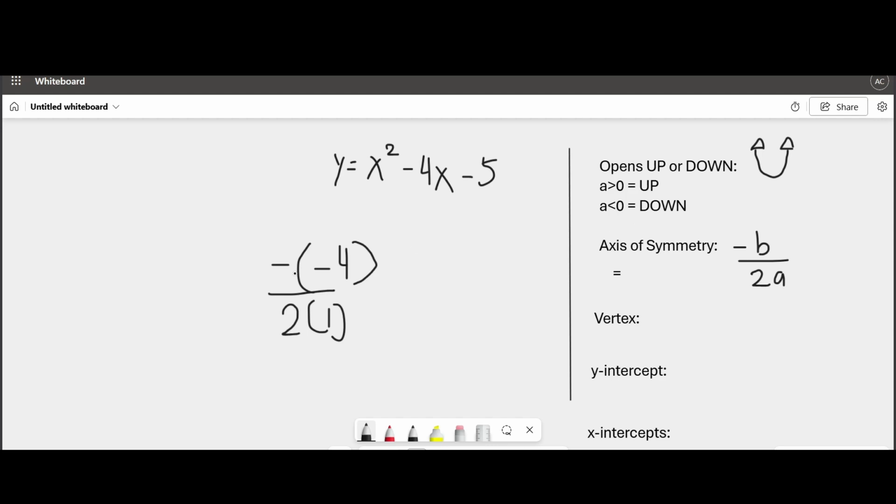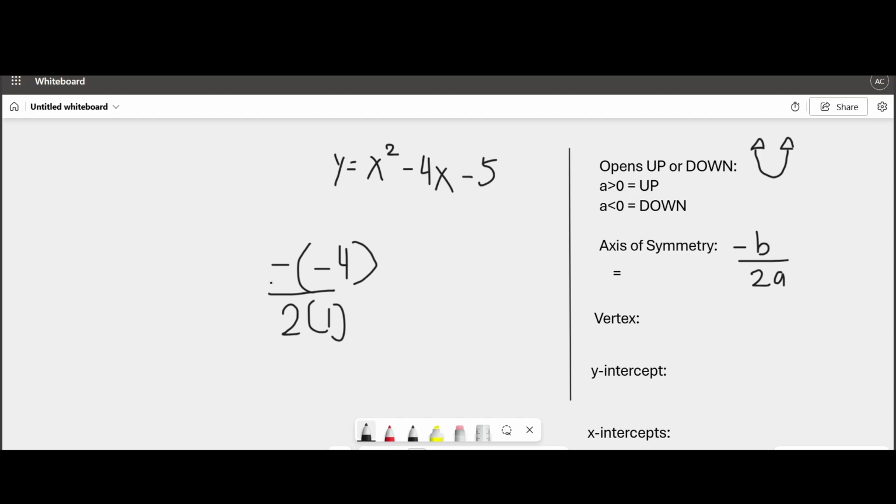Since we have two negatives here, as you may have already known in algebra, in order to get rid of these two subtraction signs, you basically just have to multiply.